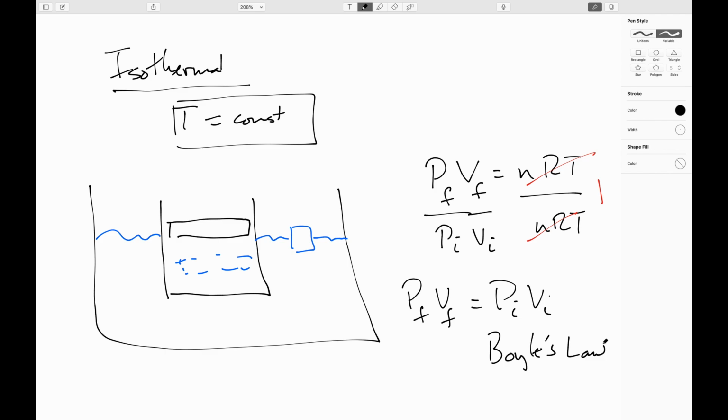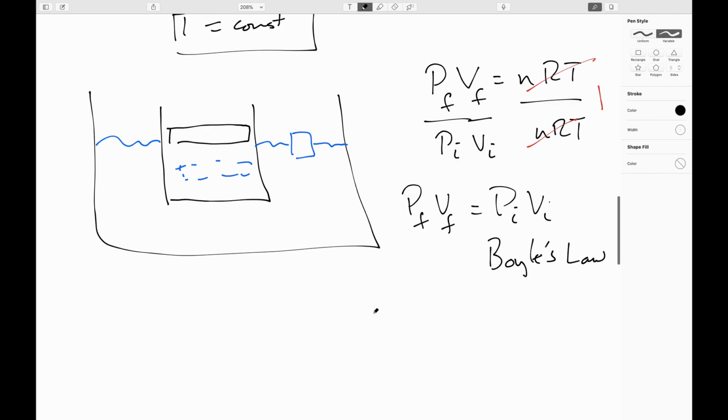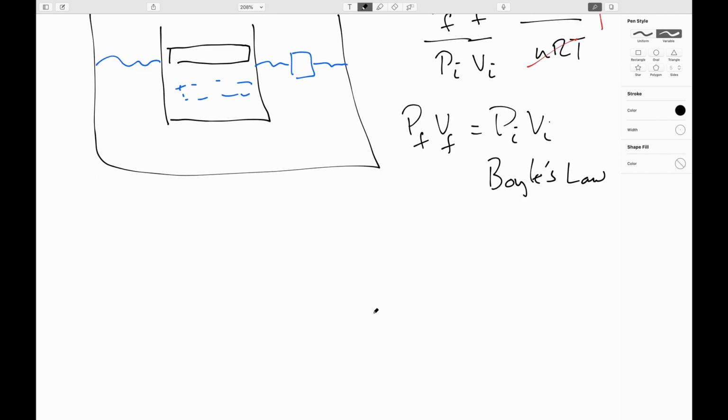So these three laws plus some others, when combined, people realized that the overarching statement of all of these was the ideal gas law. All right, so let's think about what a PV diagram would look like for this. So both the pressure and the volume are changing, but they're changing such that the temperature is a constant.